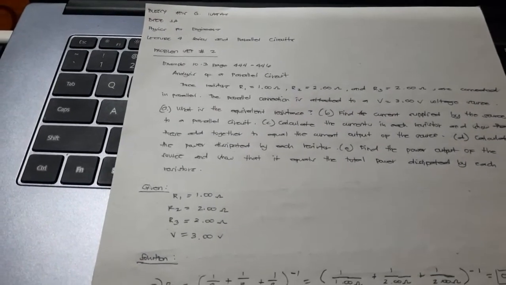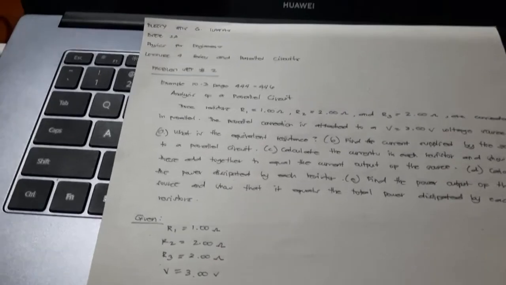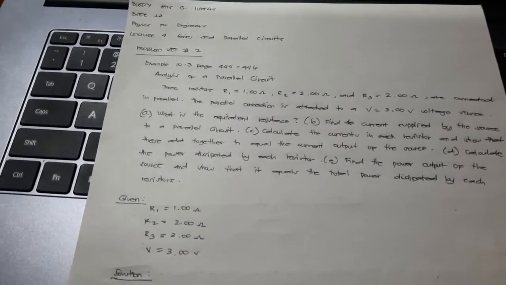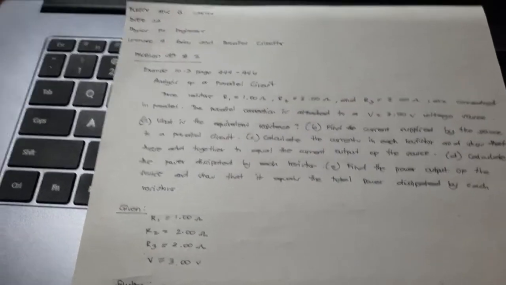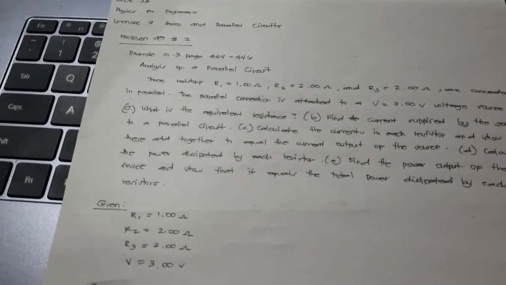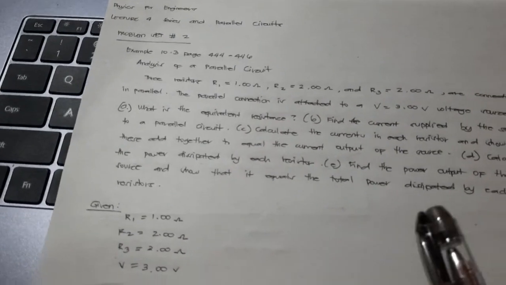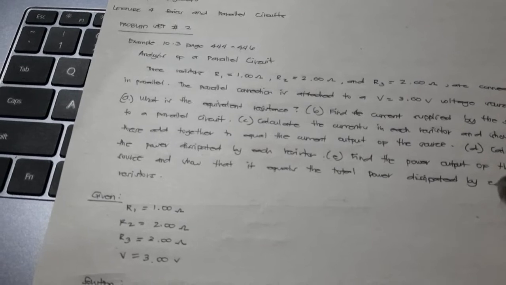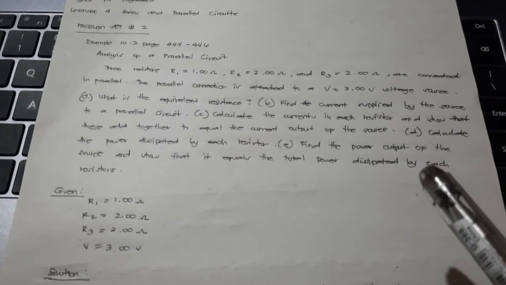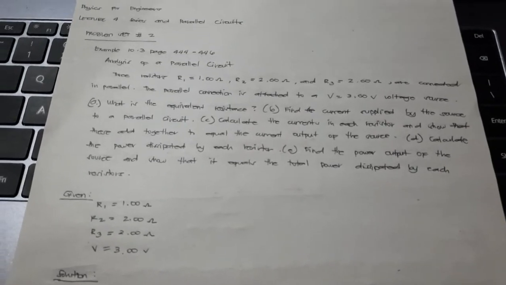So let's proceed to the problem set number 2, example 10.3, page 444 to 446. Analysis of a parallel circuit. 3 resistors R1 is equals to 1 ohm, R2 is equals to 2 ohms, and R3 is equals to 2 ohms are connected in parallel.